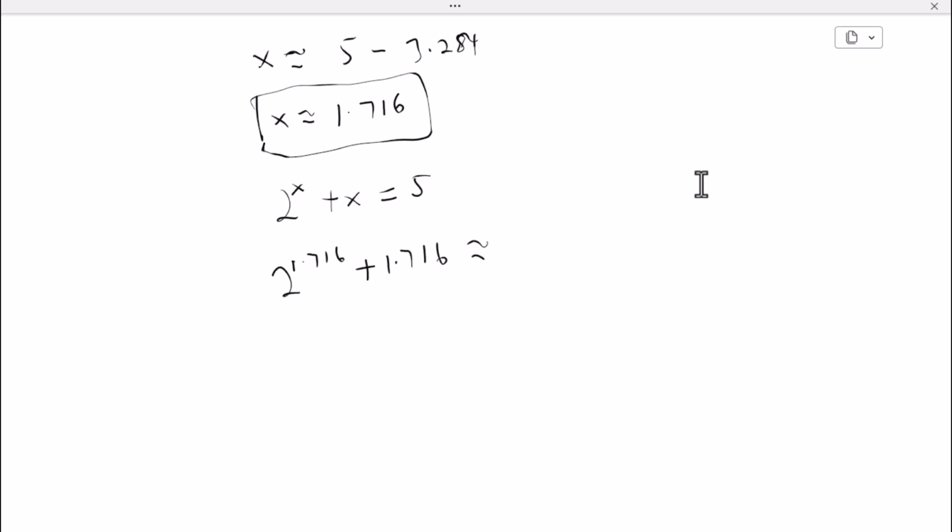Is that equal to 5? Yeah, so that is approximately equal to 5.001. So approximately, we can say that our x is approximately equal to 1.716.